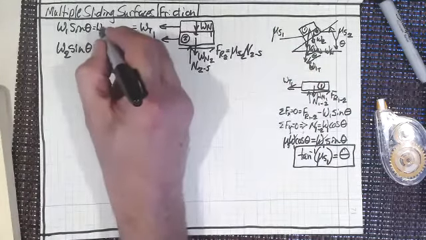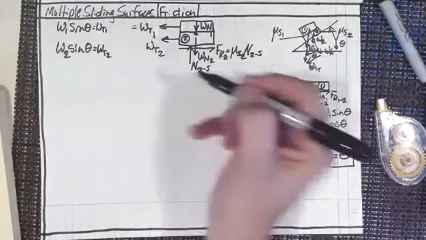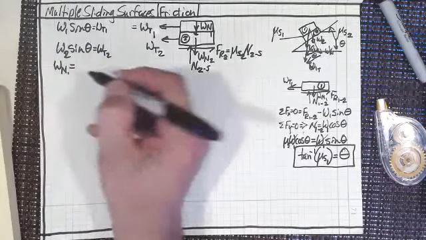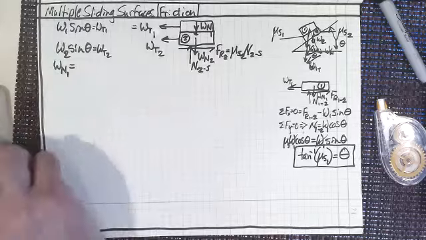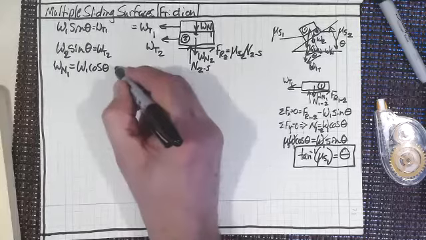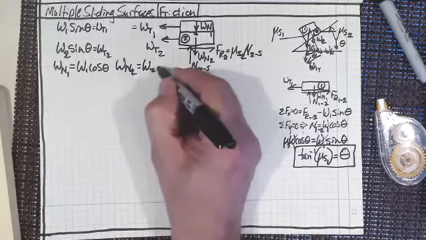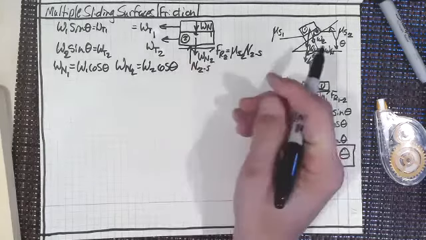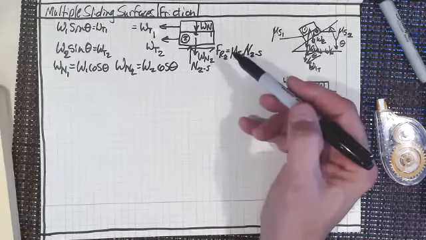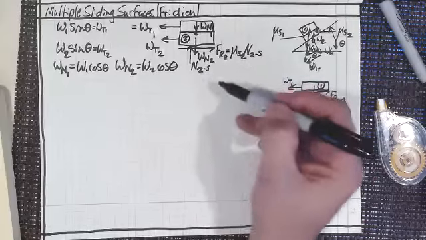So that's WT1, WT2, Wn1, which equals W1 cosine theta, Wn2, which is W2 cosine theta, and of course this one here is going to be equal to both of those.